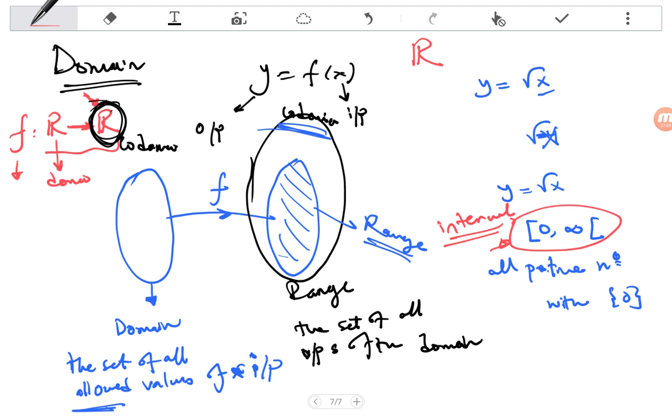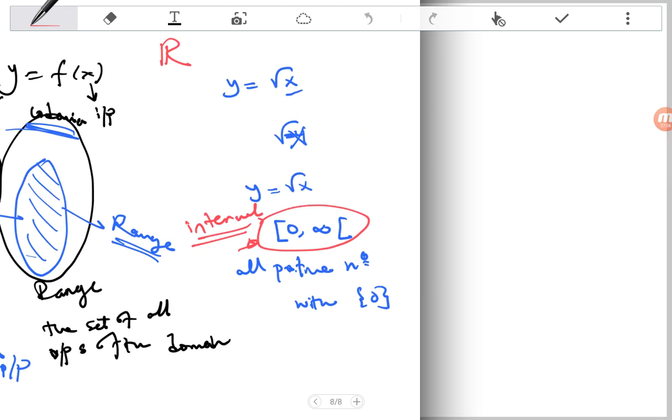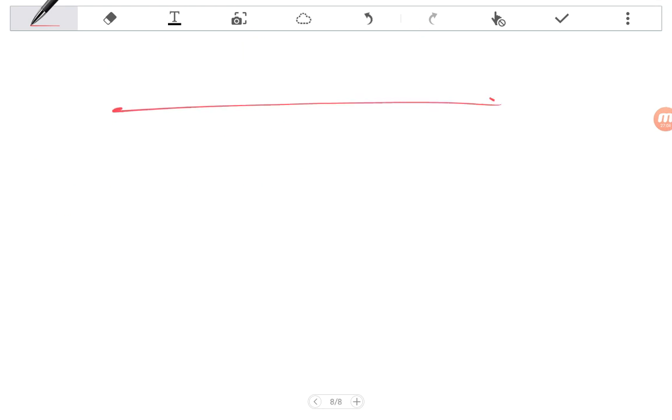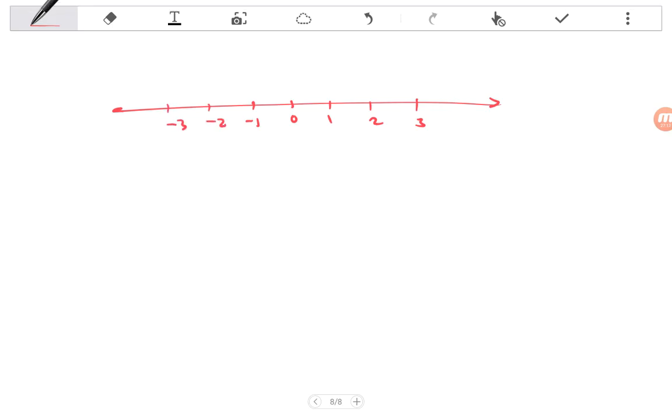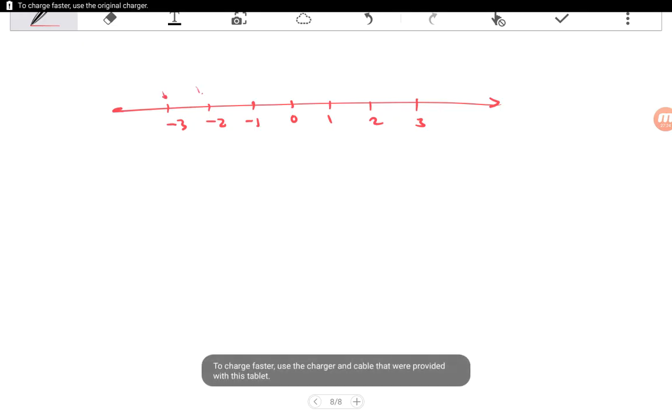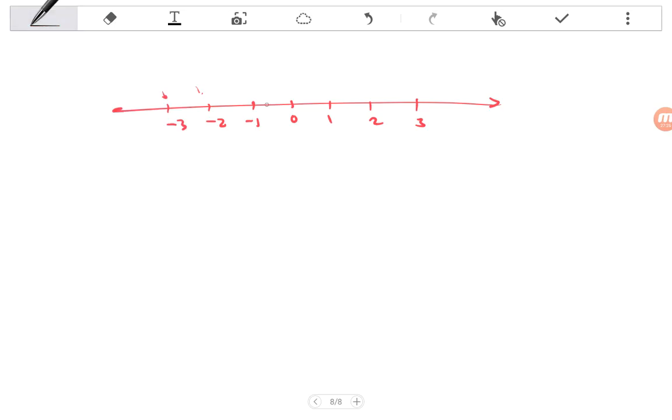What is the difference between a closed and open interval? First we have a number line: 0, 1, 2, 3 and so on, -1, -2, -3. These are the integer numbers. But when I also include the in-between numbers, that is the set of real numbers.